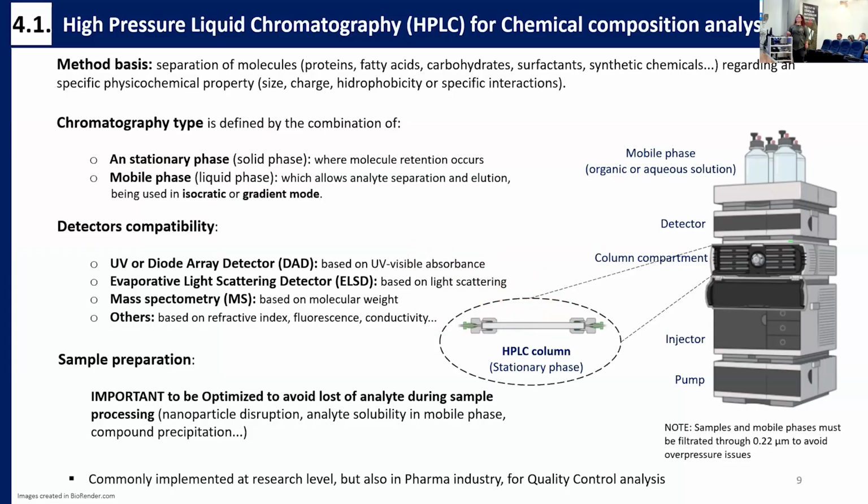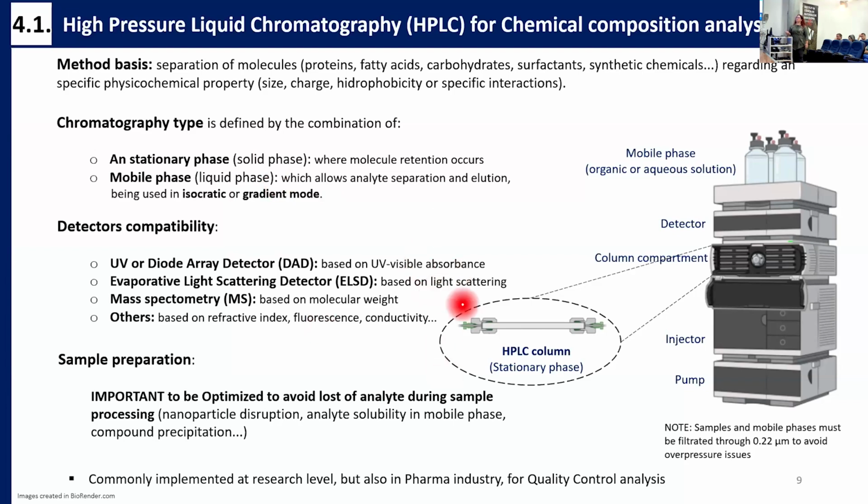This flux of the liquid phase can be used in isocratic mode, which means that the same composition of the mobile phase will be flowing through the column during all the analysis, or in gradient mode.